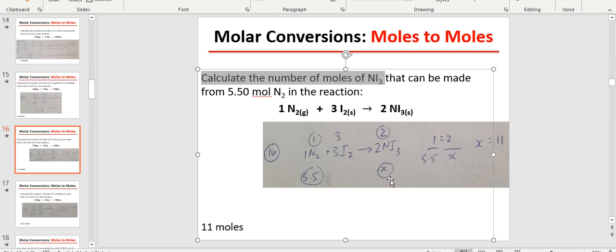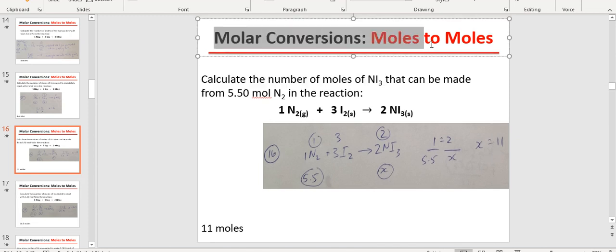So here I have 1 mole can make 2 moles. Well, 5.5 moles can make, cross it up, 11 moles. Mole, mole, mole. And that's why we've got molar conversions, mole, mole, because we'll show you something in a little bit.